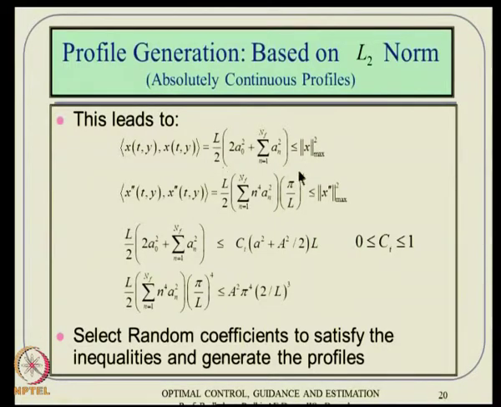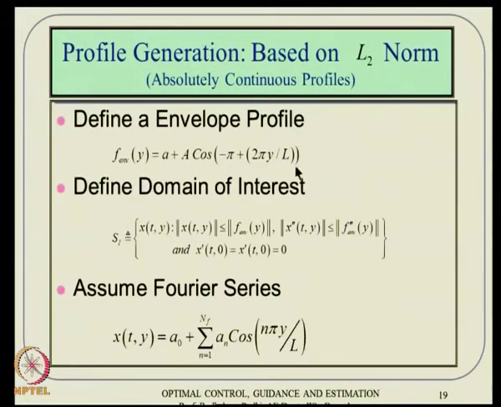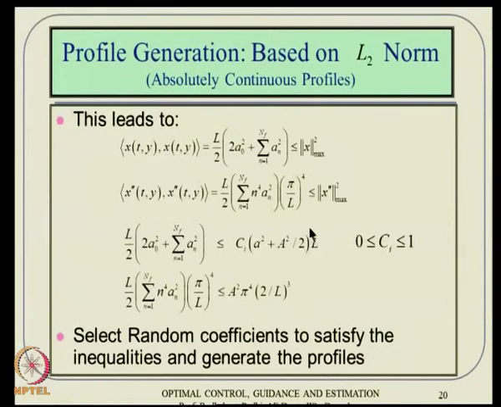That means this constraint equation has to be satisfied. Similarly, if you compute this other inner product, this is the expression, and it has to be less than a fixed number, which is also coming out of that. These numbers have to be compatible, remember that. You cannot put arbitrary numbers just for fun. That is where this envelope profile helps us to get a compatible number set.